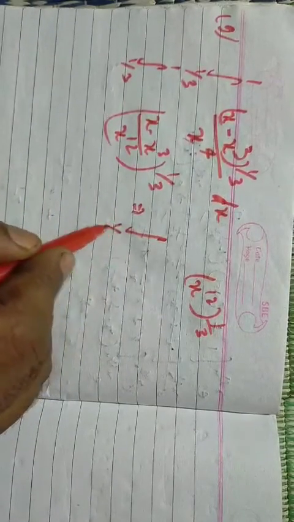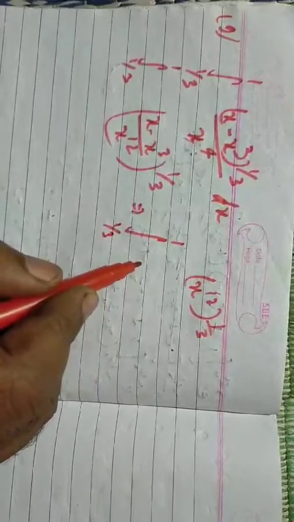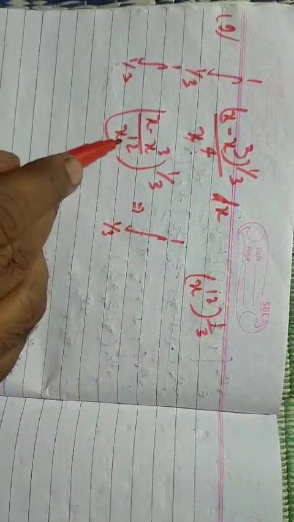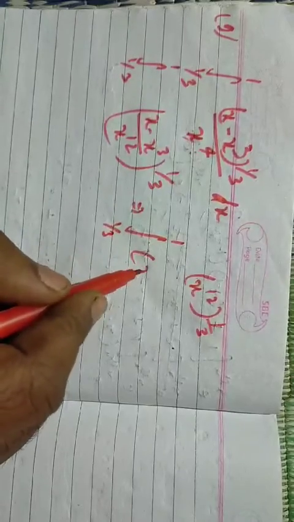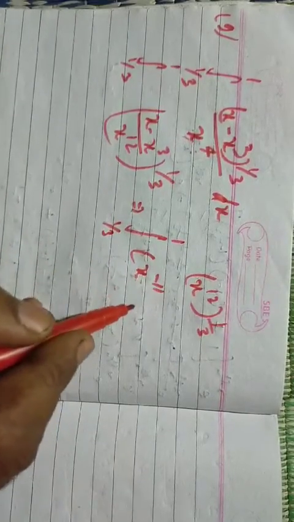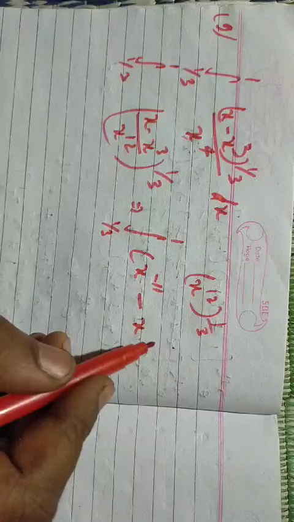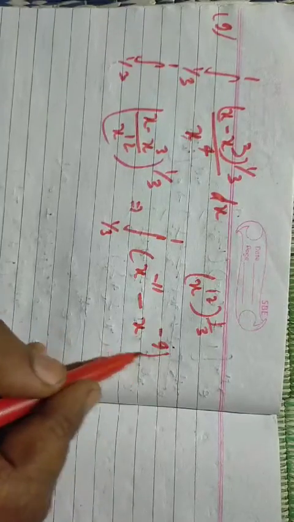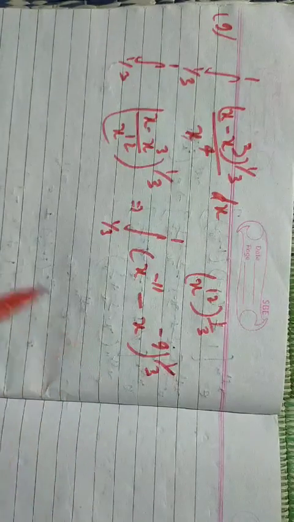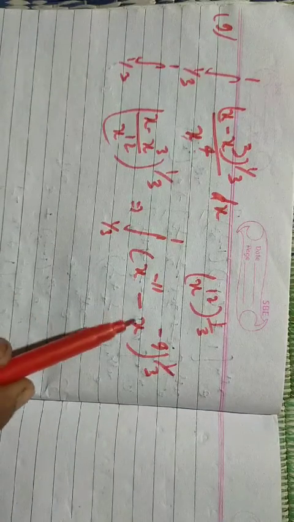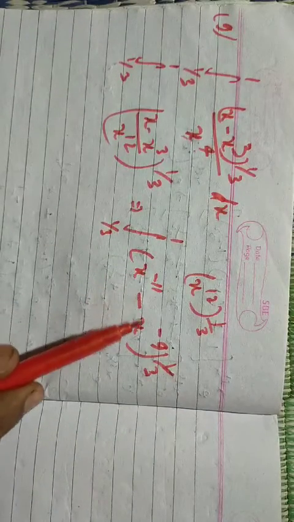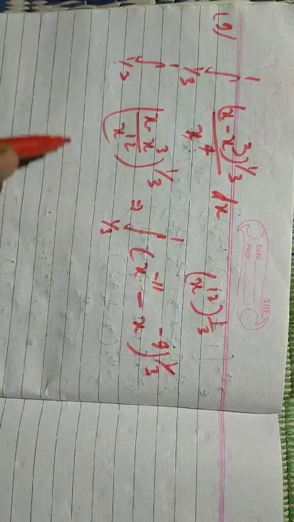So inside I am going to divide by 1 by x to the power 12. So it will remain here x to the power minus 11 minus x to the power minus 9, whole to the power 1 by 3. Now from these two I will take common x to the power minus 9.